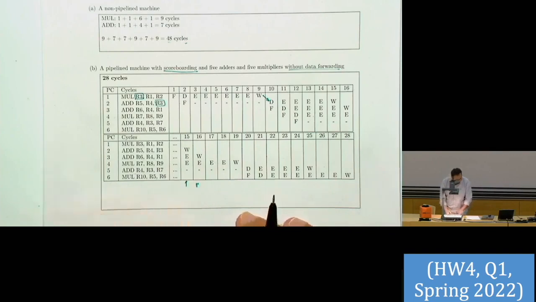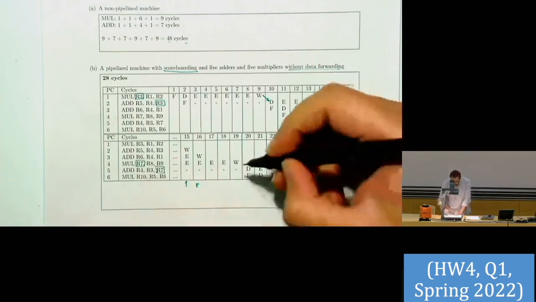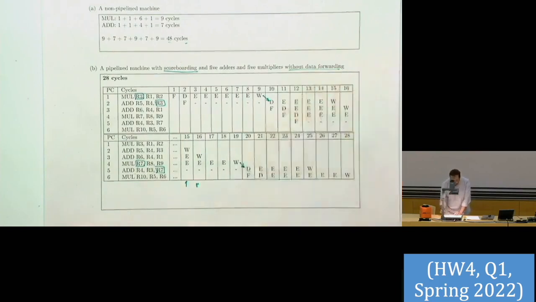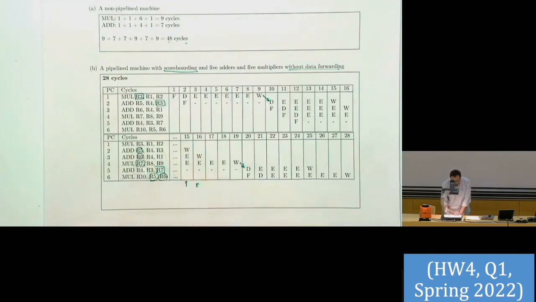Another dependency we see is between this instruction's R7 result and this one that uses R7, right? So this has to wait for this, and it is the same thing. We write back and then decode here. When we look at the multiply in the last instruction, it uses R5 and R6, and these are calculated by these instructions, right?